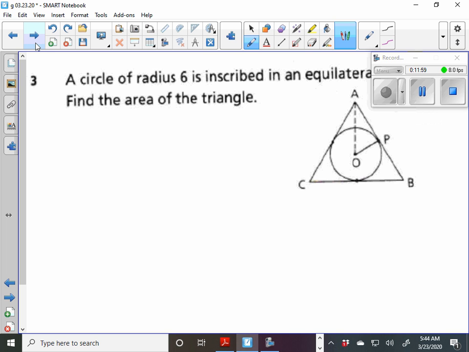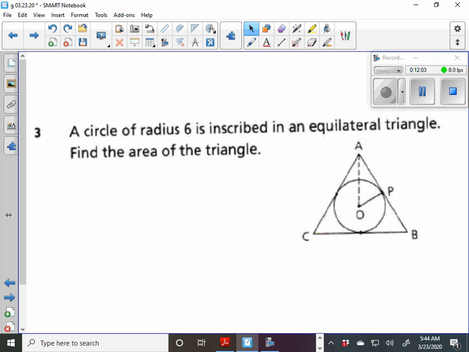Number 3, a circle of radius 6 is inscribed in an equilateral triangle. Find the area of the triangle. We know that's our apothem, right?